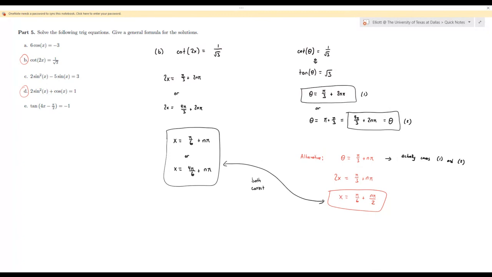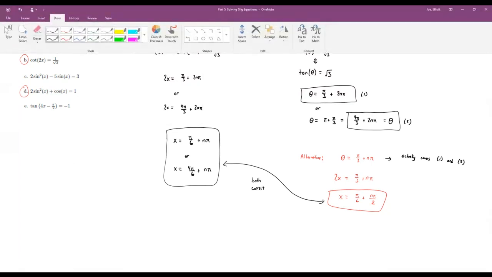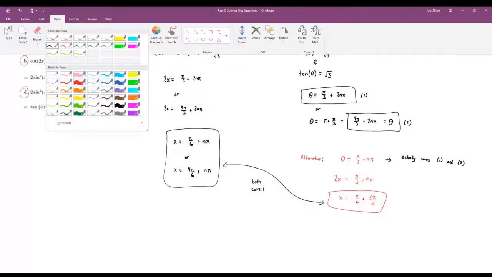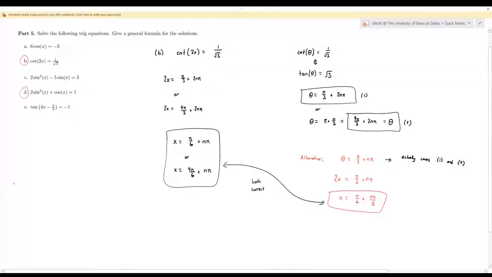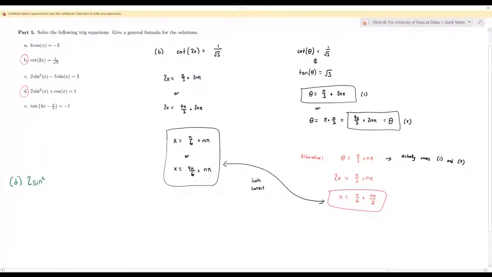So I was thinking of also doing D as well, at least. So let's take a look at part D. Okay.